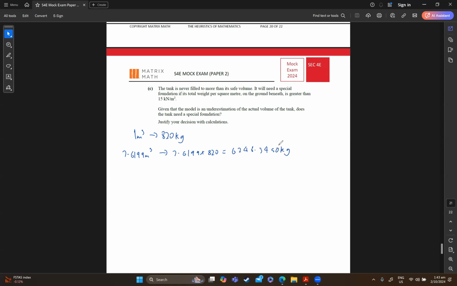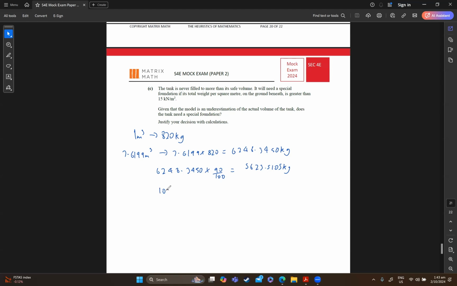So you can only fill up to 90%. So take 6248.3450 times 90%. You get 5623.5105 kg.